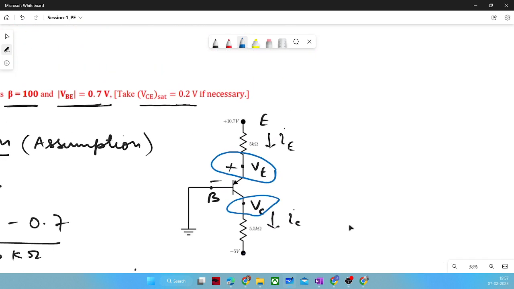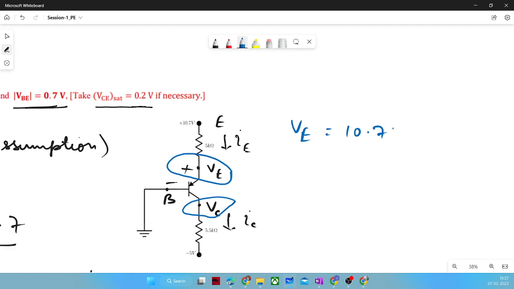IE we computed as 2 milliampere, so VE will be equal to 10.7 minus 2 into 5 kilo ohm. So that will be 0.7 volt, I guess. Yeah. So VE will be 0.7 volt. And we know the VEC sat is equal to 0.2 volt.